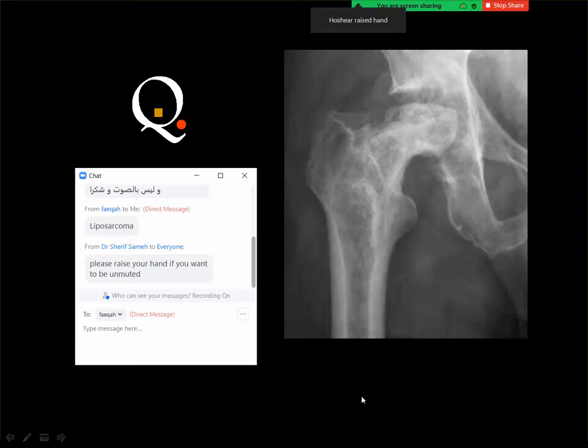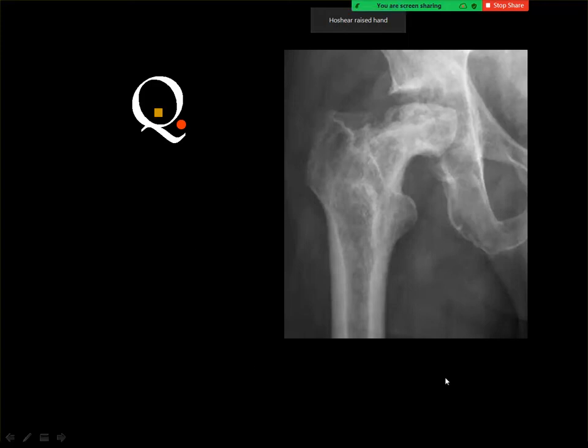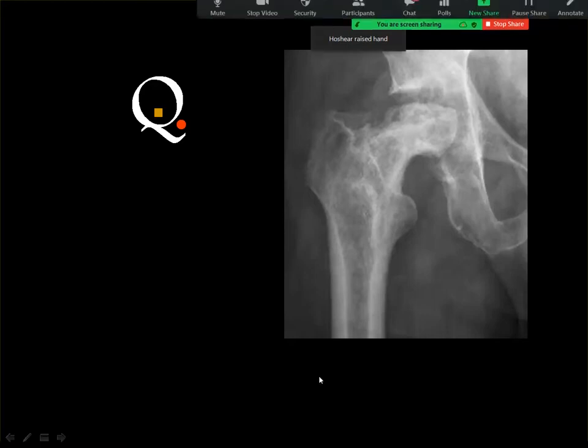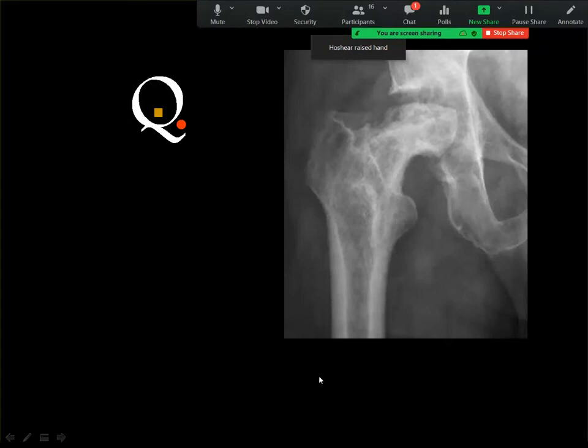Nothing came to me from the chat, but okay, if you want to answer by your voice. Okay, Dr. Sharif, let them answer by their voice. Avascular necrosis of the head of the femurs.